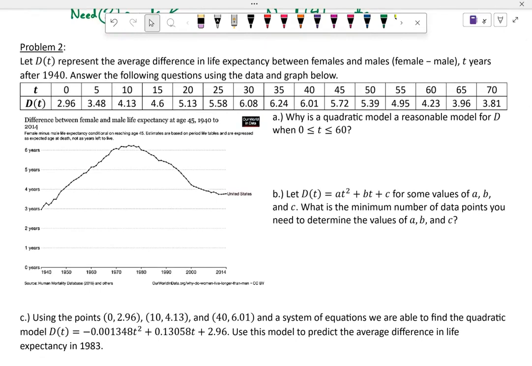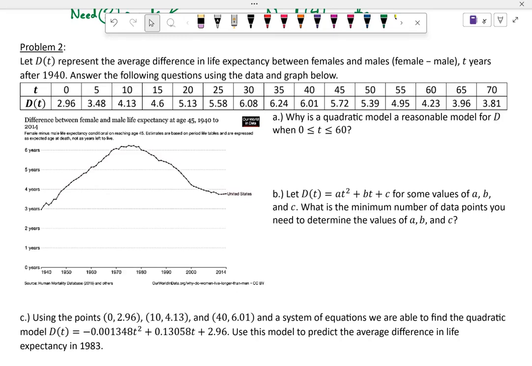And in the actual data, there were a lot more data points. I narrowed it down to these, which is still a lot of data points, but it was able to narrow it down. So why is a quadratic model a reasonable model for d? What is a quadratic model?